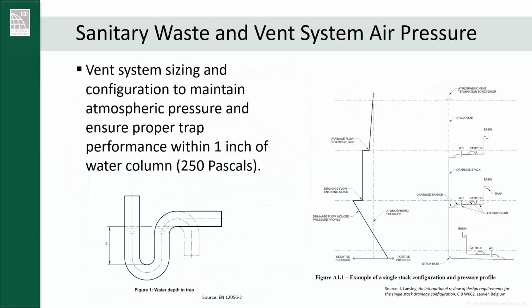The venting systems must be designed to maintain air pressure variation to within 1 inch of water column in order to preserve these trap seals. And we all know what can happen if that seal is not there.